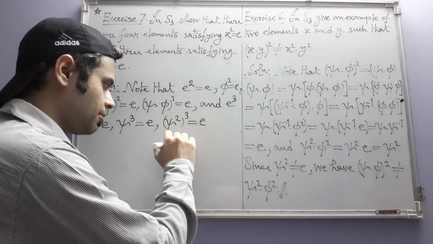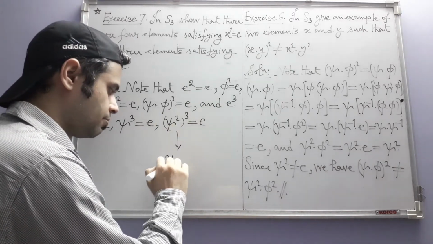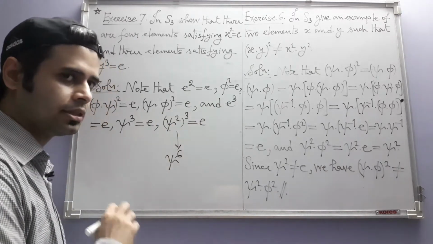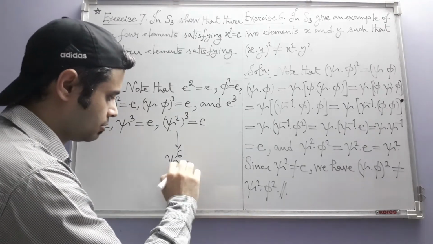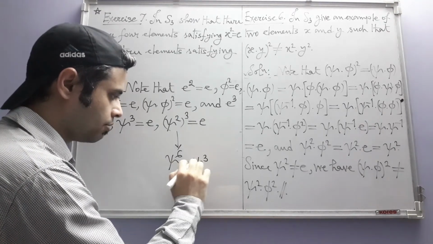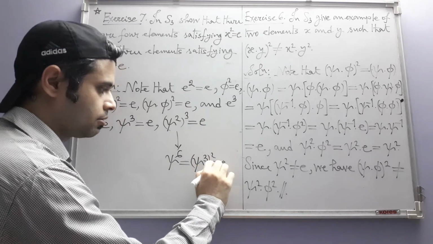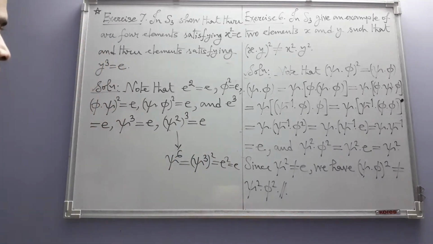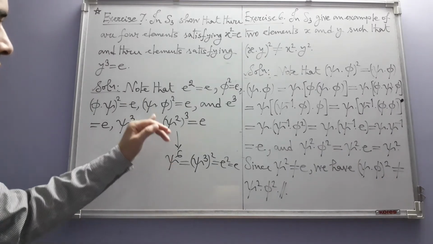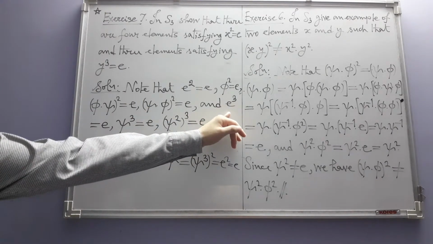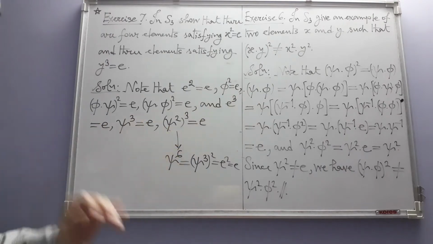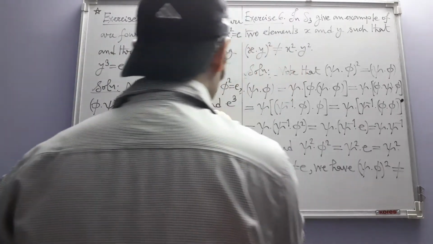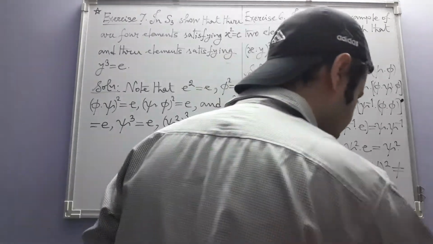In place of this you can write psi to the power 6 using the second rule of exponents, which is again using that rule, this. So from this part you have E squared, so this is equal to identity. So three elements again in S3 whose cubes are equal to the identity: E, psi and psi square. So that's it.